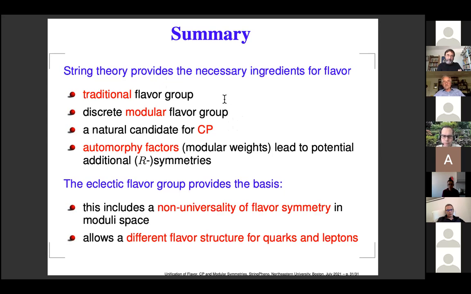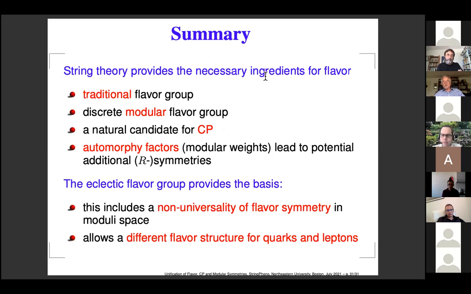And in fact, they lead to models where, when you want to fit the data correctly, very often you are very close to these fixed points in moduli space. Because if you are close to the fixed point, you get small numbers. And you know that when you want to describe flavors, you have to get hierarchies from small numbers.